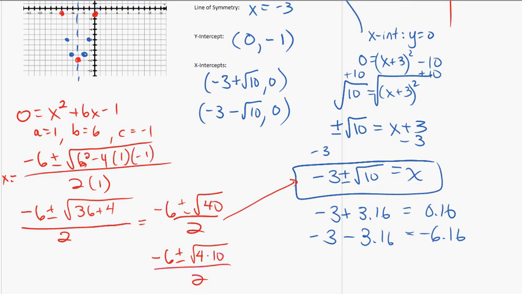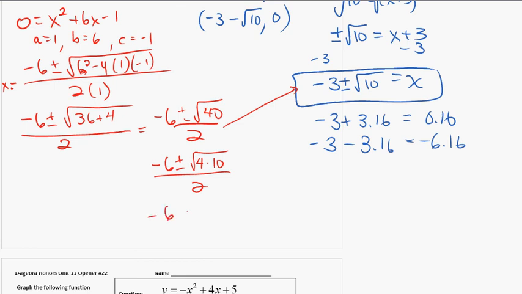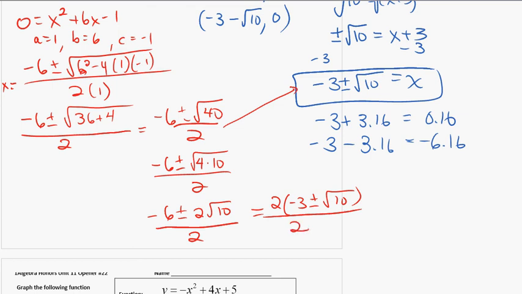So I can take the 4 out, so I get minus 6 plus and minus 2 root 10 over 2, which I can then factor a 2 out of the front to get negative 3 plus and minus square root of 10 all over 2, and the 2's divide out, thus leaving me that answer. So I would say that using vertex form is fewer steps to get to your answer, probably less calculation error as well.